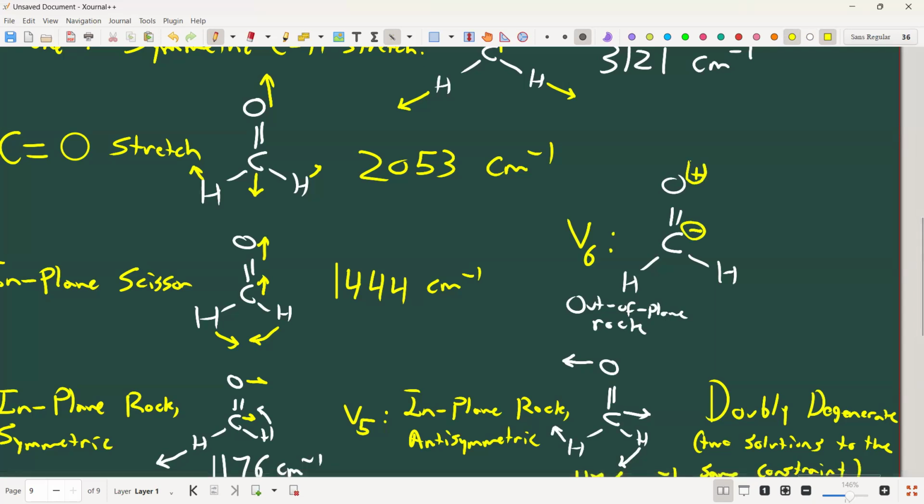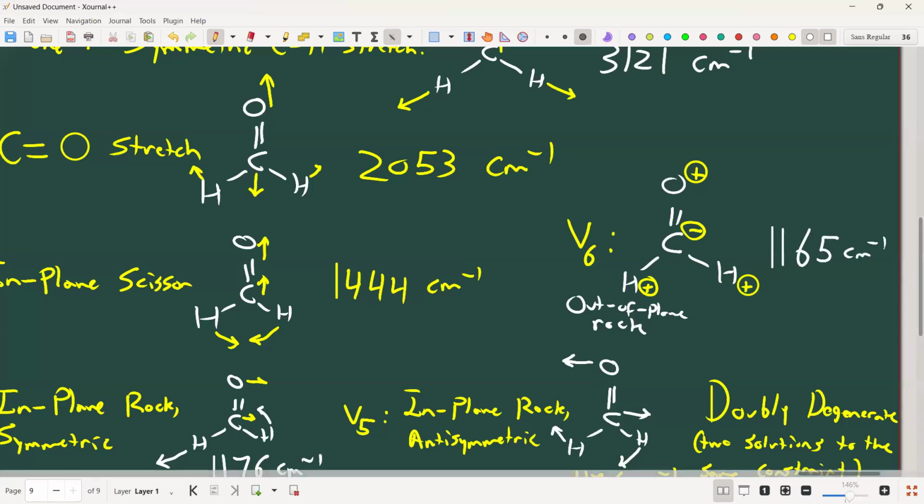So there are, in some sense, these atoms moving in and out, right? So this is actually the pelvic thrust. That's what this is. U6 is the pelvic thrust of formaldehyde, and it's also the lowest energy vibration by quite a bit.